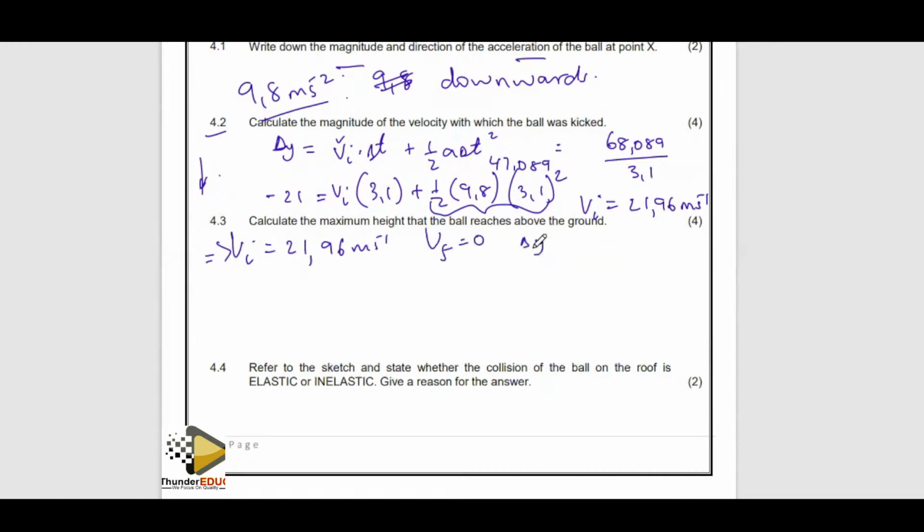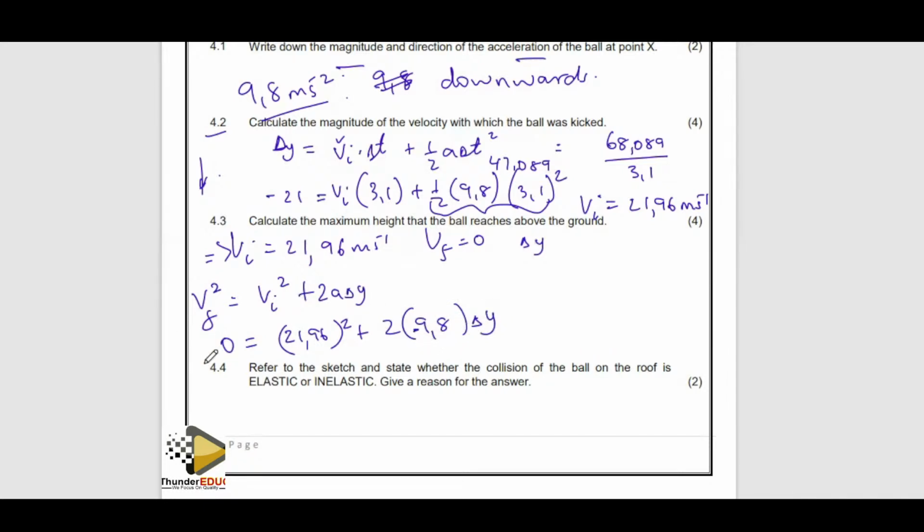We're looking for delta y. So we can use v final squared is equal to vi squared plus 2a delta y. Our v final, that is 0, is equal to 21.96 squared plus 2 times our a, which is 9.8. I'm going to call it negative because I'm taking gravity to be downwards.